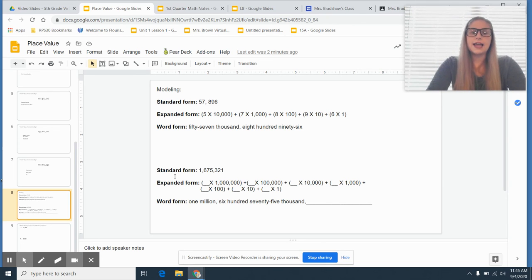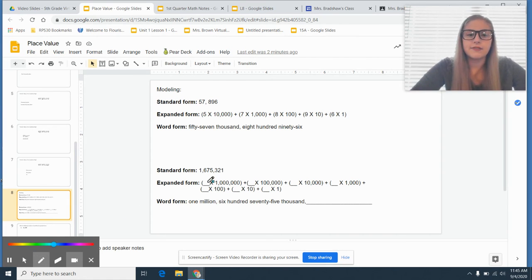So let's try this one down here together. I have standard form. So I have the number 1,675,321. So now I have to take those numbers and plug it into the blanks down here. So I have what times 1 million. So if I look in my number, the number within the 1 millions place is a 1.